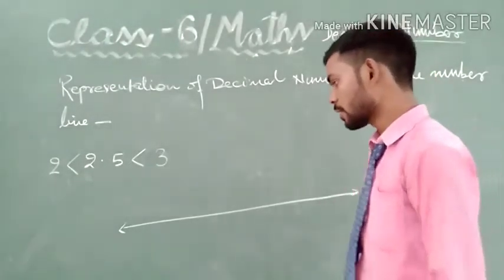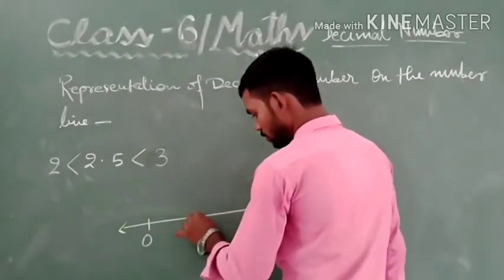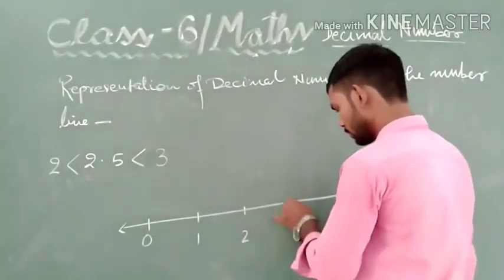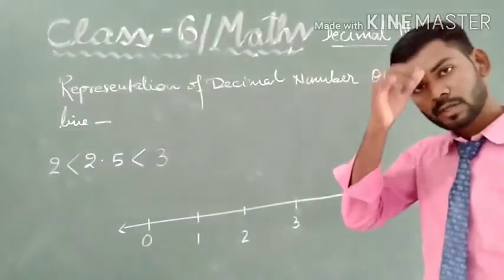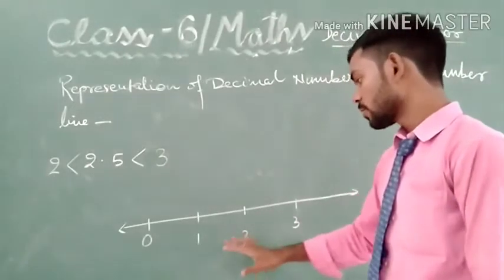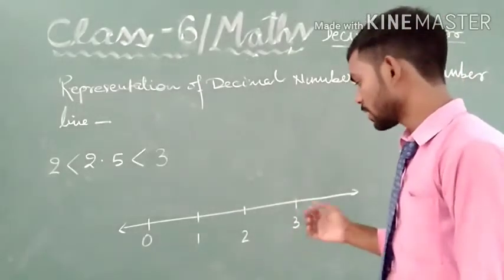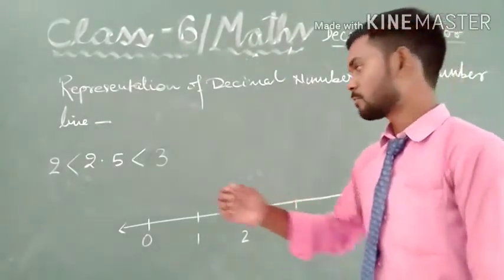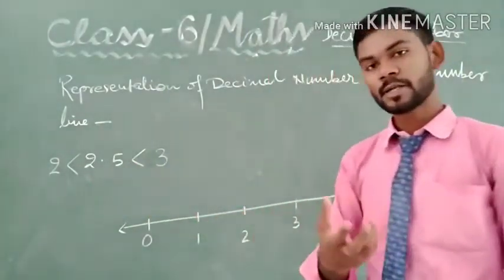So here we start from 0, 1, 2, 3, 4, and it may increase in both directions. But here I just take 3 points because our required number 2.5 is lying between 2 and 3.